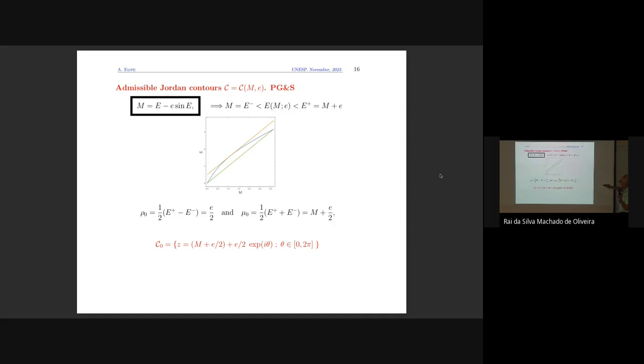So this allows us to define the radius as the subtraction over half, and the center of the circle will be this plus this divided by 2. So eventually this is one possible curve with the center this quantity and radius the eccentricity over 2. Okay? And it satisfies the conditions.